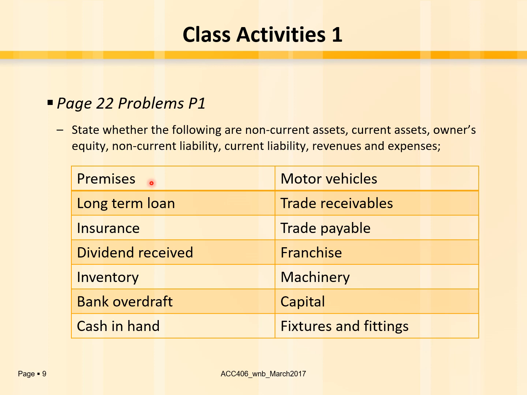Kalau tak, maksudnya dia adalah non-current asset. Okay. Satu, sebab kita beli premis bukan untuk diniagakan semula. Yang kedua, premis ni dijangkakan untuk kita guna lebih dari masa setahun, right?